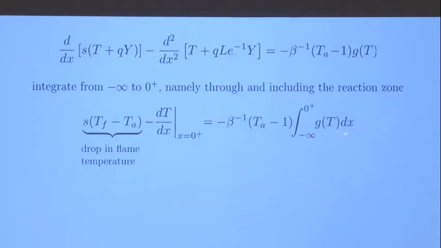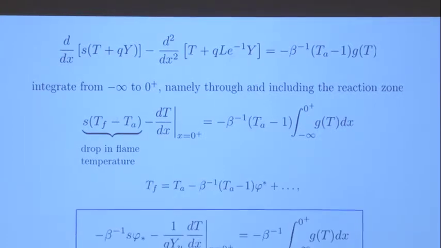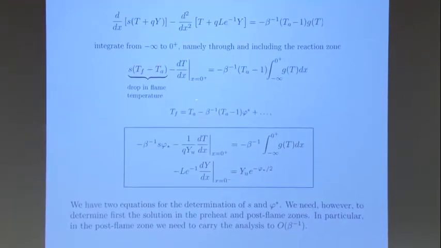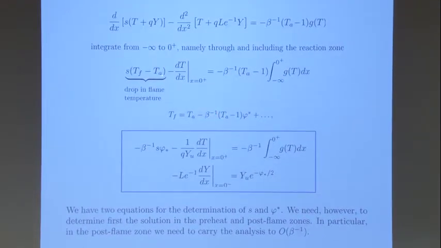Not exactly over the entire volume, but up to and beyond the reaction zone. Okay, so that's a useful relation because since Tf minus Ta is small, like beta minus 1, and we express that as phi star, from here we get the flame temperature deviation, right?